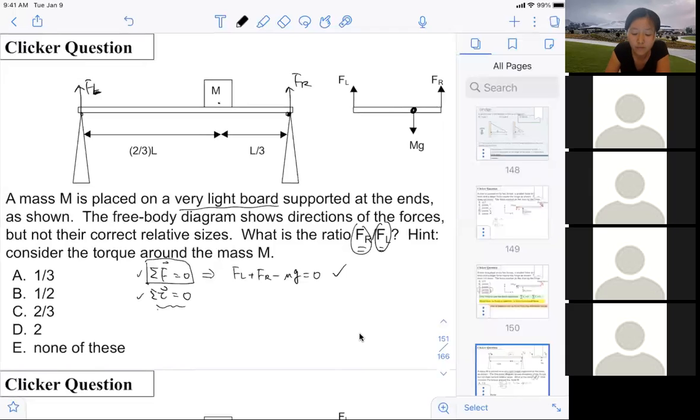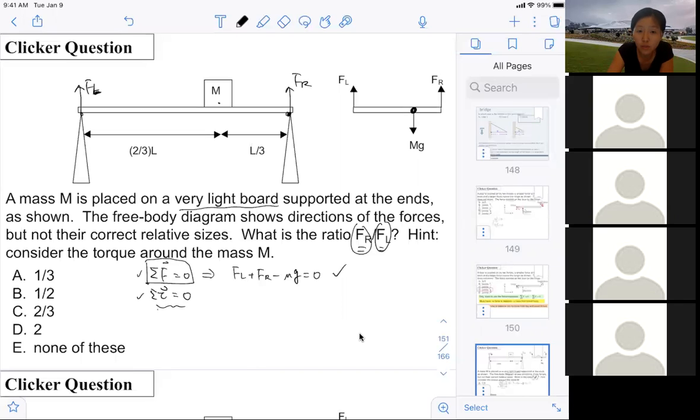So in this case, if you pick the pivot point relative to mg, you see that these two forces are trying to make this rotate relative to mg, and mg does not give you any torque. One of them is trying to make it rotate counterclockwise, the other force is trying to make it rotate the other way, clockwise, right?